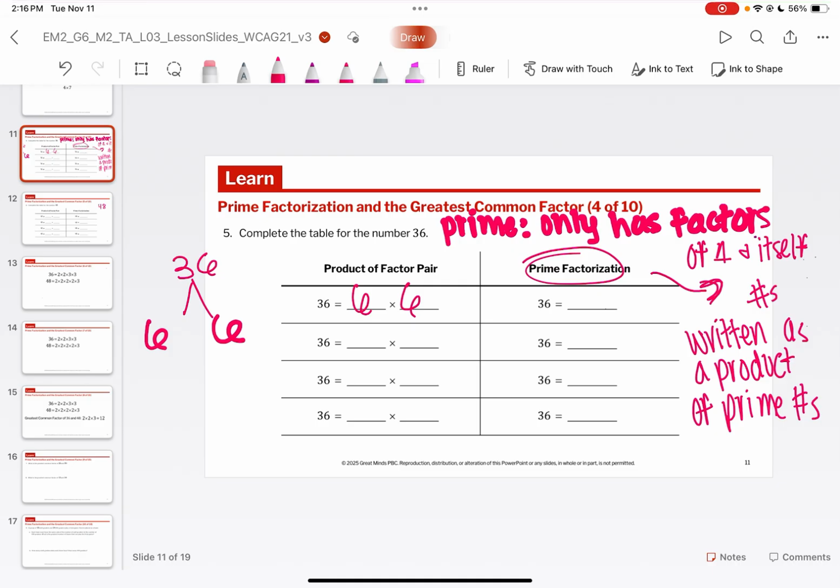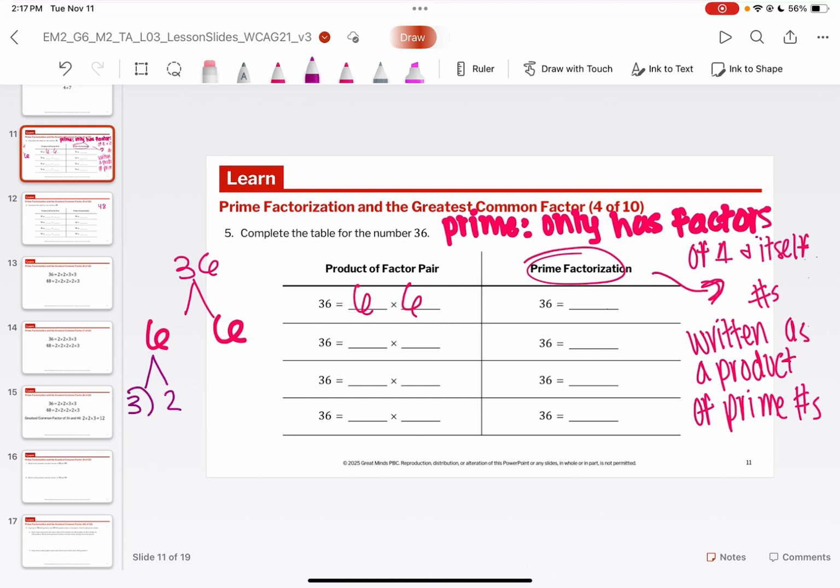No. So I have to keep going. Can I find more factors of 6? What two numbers? 3. Is 3 a prime number? Can I only multiply 3 by 1 and itself? Yep, so I circle it.